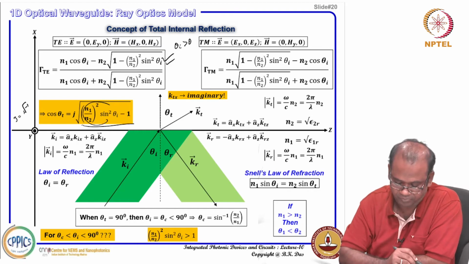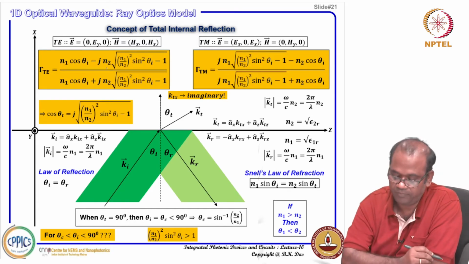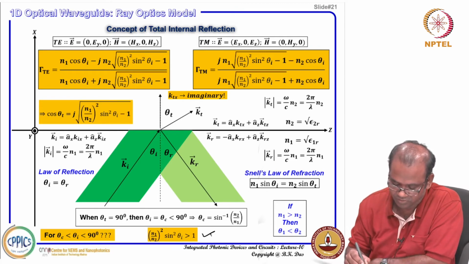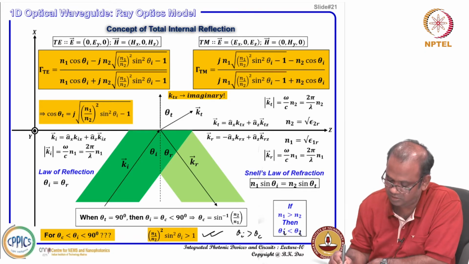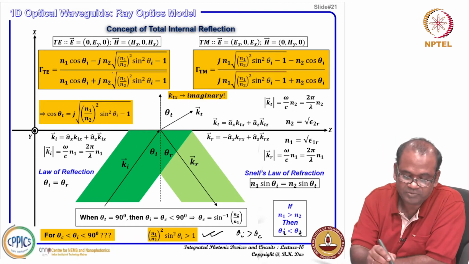When sin square theta I is greater than this one, obviously theta I must be greater than theta c. This is theta I, theta t.